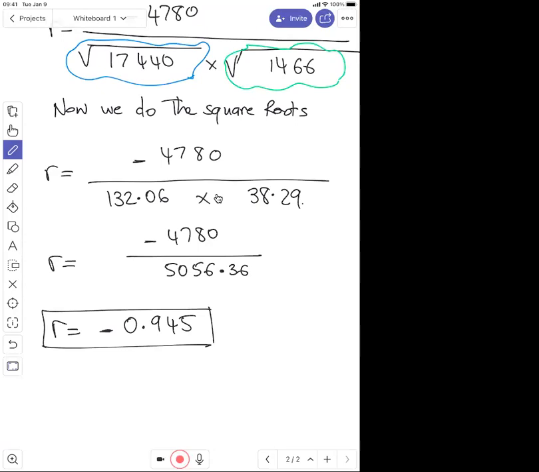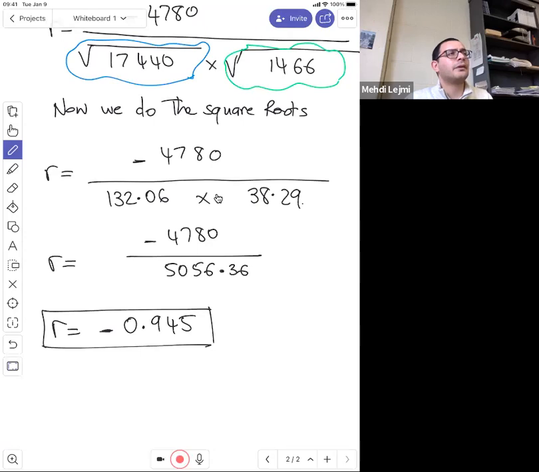In the test, the homework or the final, just say that you're using the formula of R. And if you know how to compute this R in one step, just write down the answer and that's fine. Okay, thank you.